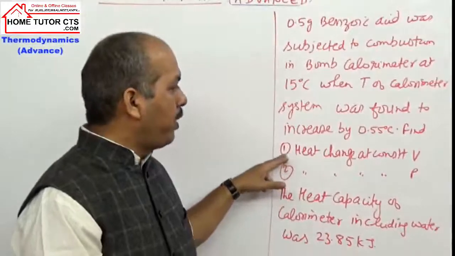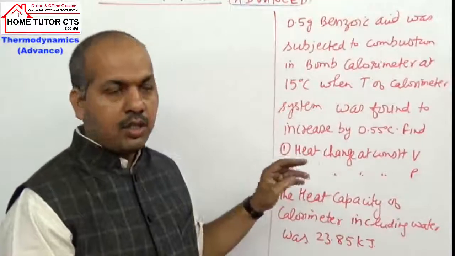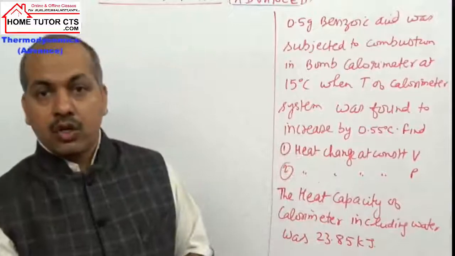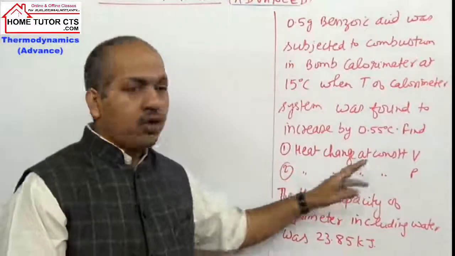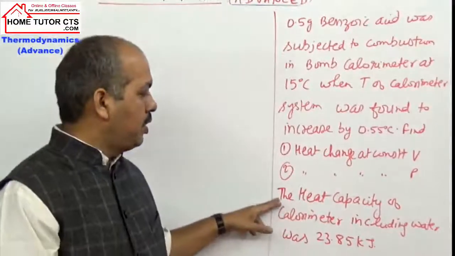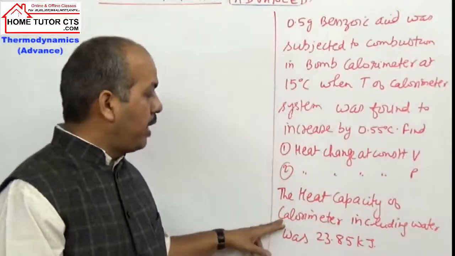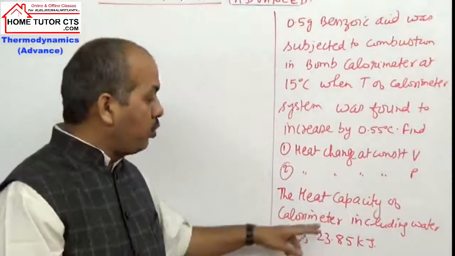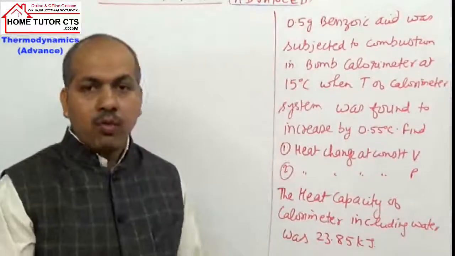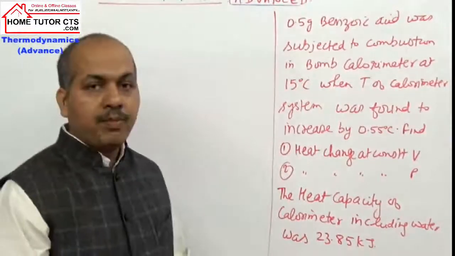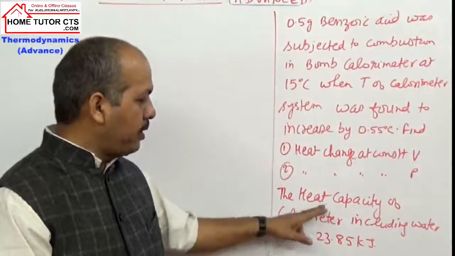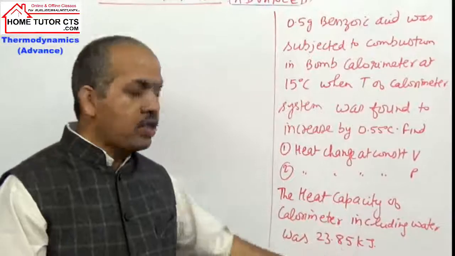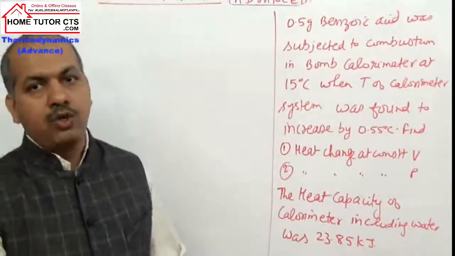Find the heat change at constant volume. Second part, the heat change at constant pressure. Given the heat capacity of the calorimeter including water was 23.85 kilojoules.